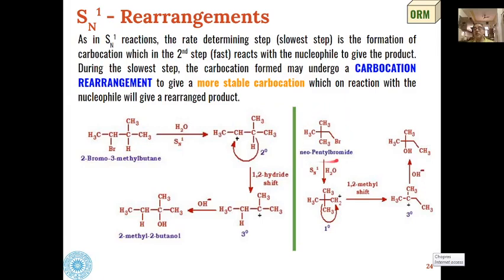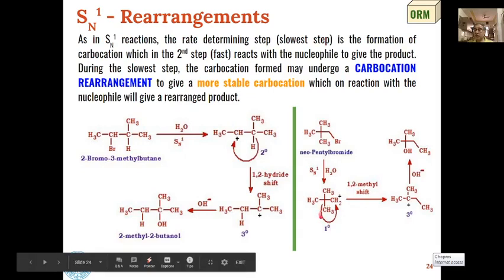So another example, if we have this neopentyl bromide, and the reaction takes place by SN1 mechanism, then this type of carbocation will be formed by removal of this bromide, and this carbocation is a primary carbocation.